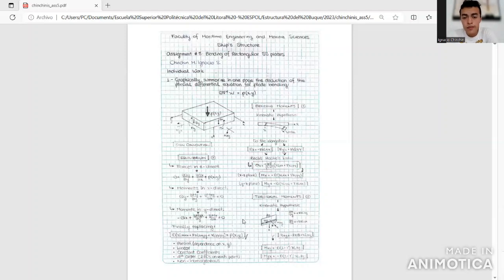We assume a kinematic hypothesis to relate the displacement with the strain. So finally, we can express the strain in x as equal to minus z times the second derivative with respect to x of the deflection, and in the same way for the strain in y.